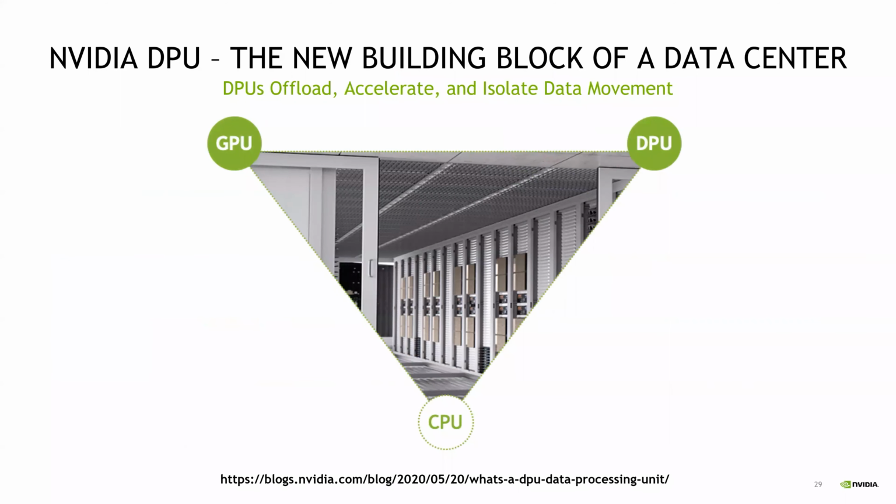Here's how a DPU can accelerate and secure the storage data path. On the left is a traditional server doing software-defined storage, Krill's application basically, with a ConnectX NIC or an HCA.